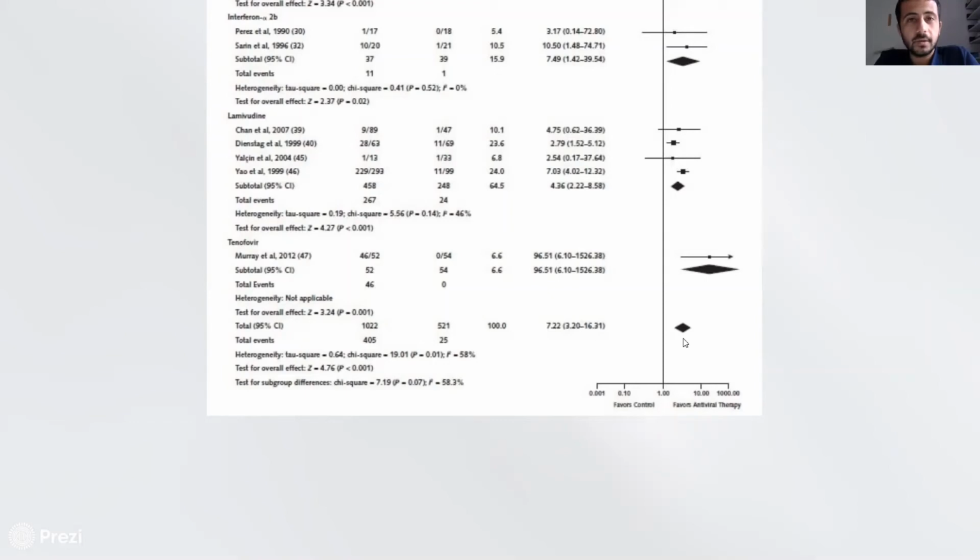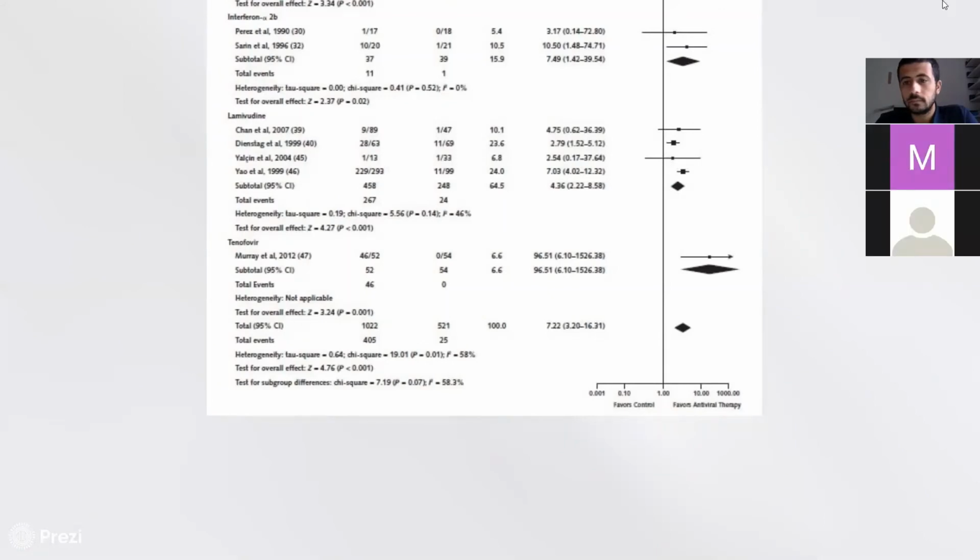Where do they start? Where is the point of beginning for each one of them? RR, OR, those are the basics.